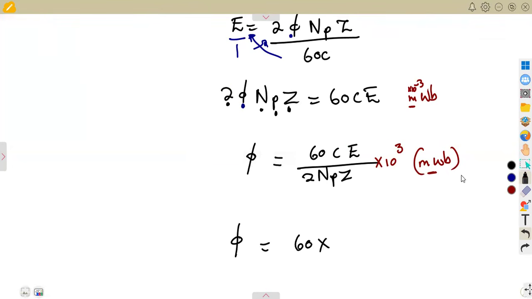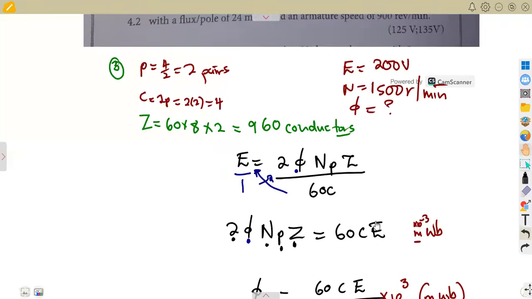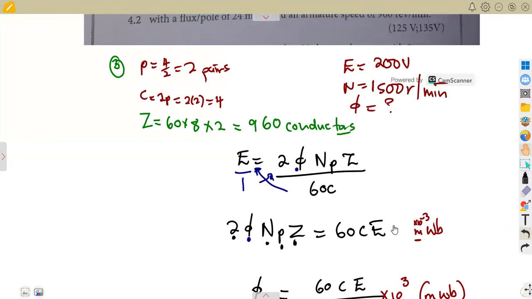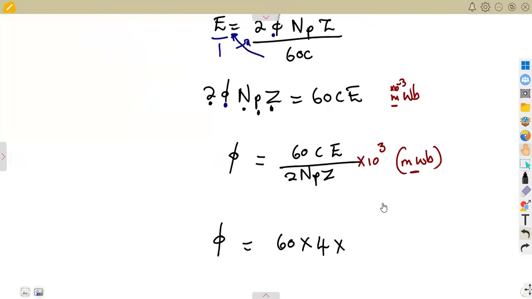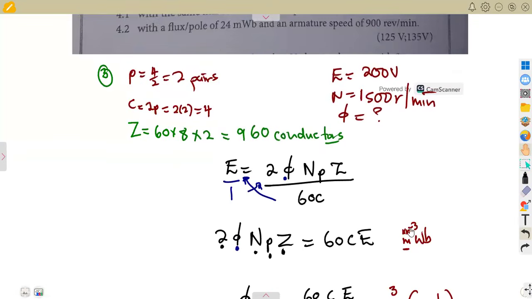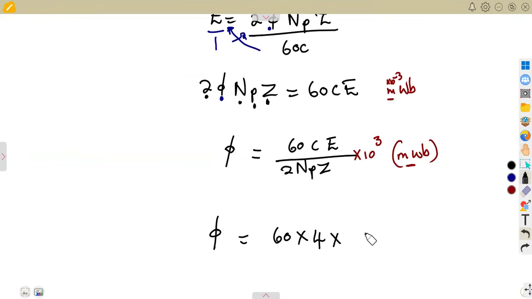So that is 60 times C. Remember, our C was 4. This is a lap winding, so that's going to multiply. So that's 4 times E, the generated EMF, which is 200. So you're going to have 200. You divide by 2 times the speed.